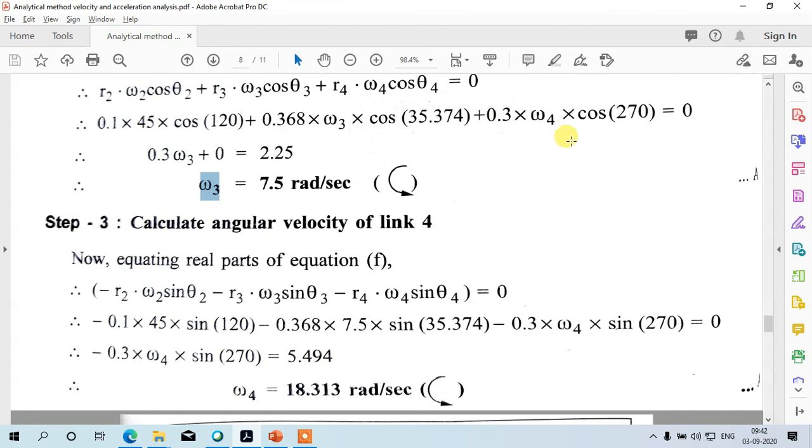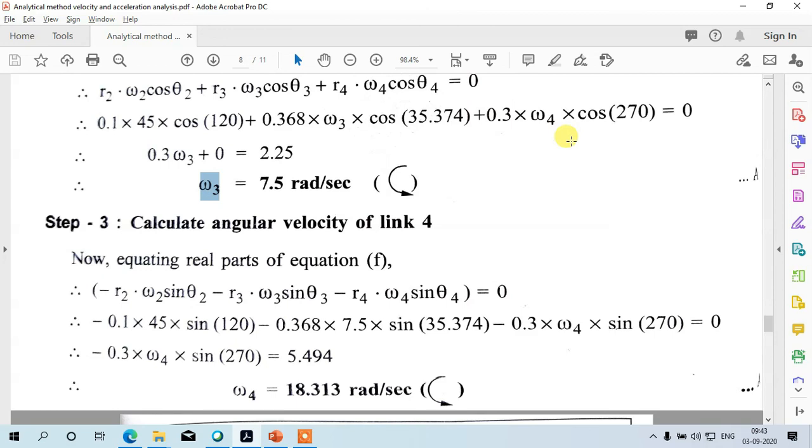So this is how you are required to find the velocity of a link using the analytical method. It is simple if you have an idea of the complex variable method. The steps are: first write the vector loop equation, where for each vector we write magnitude multiplied by e raised to I theta.